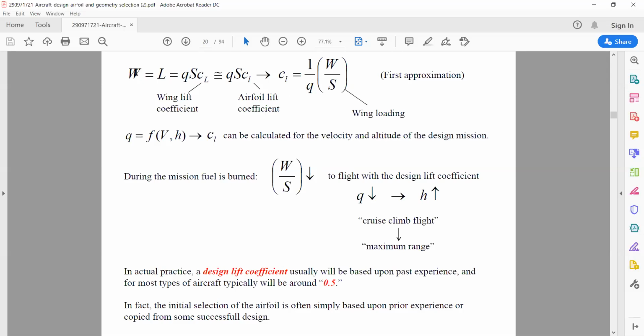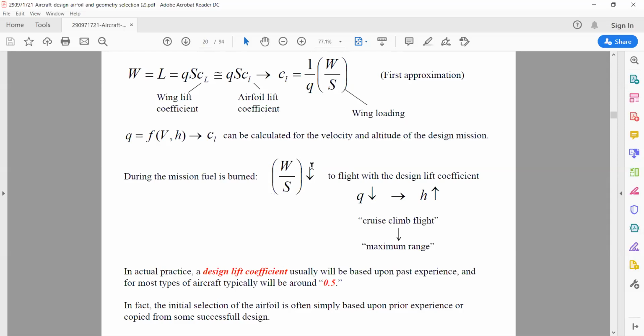So in unaccelerated steady level flight, weight is equal to lift, so W = Q S CL. The small suffix L in CL is for the airfoil. So CL = (1/Q) into (W/S). This is called wing loading. I will discuss thrust to weight ratio and wing loading, and you will understand there. During the mission, fuel is burnt, and W by S is reduced.